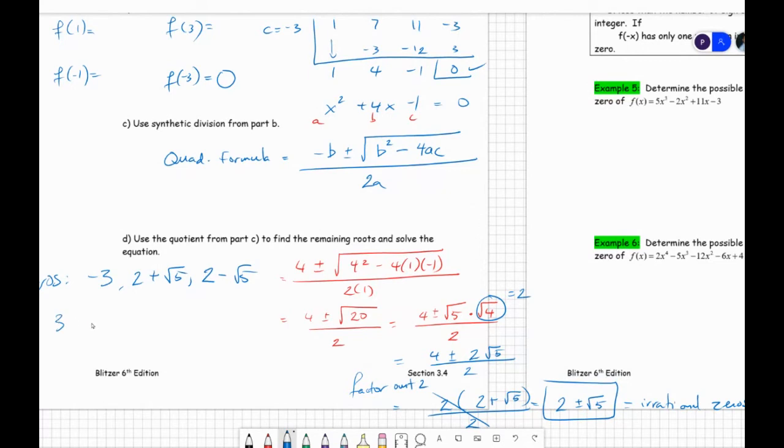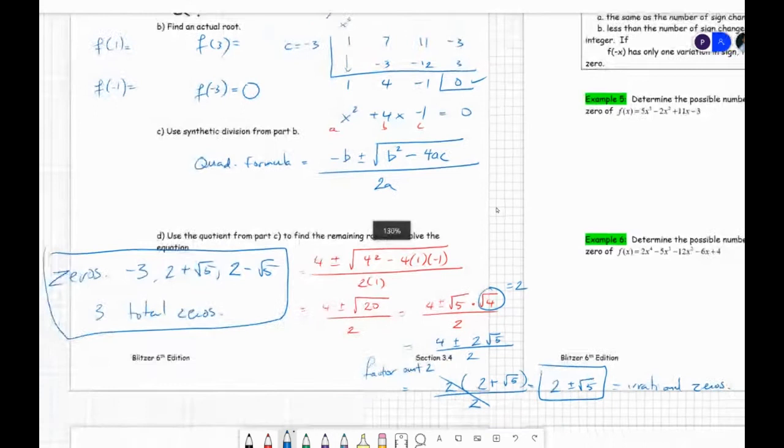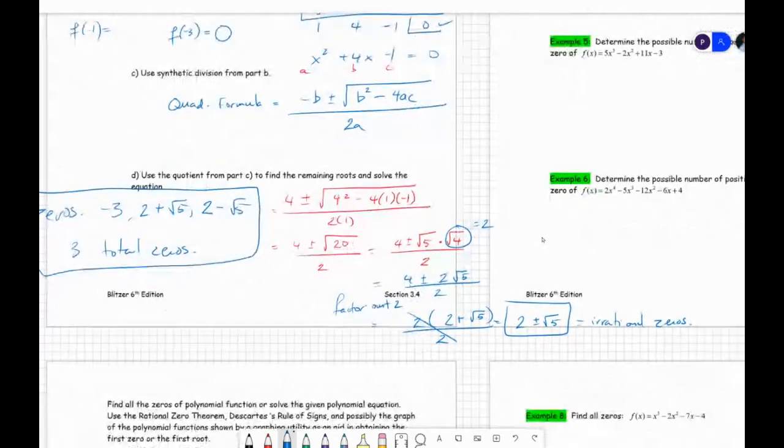So we have 3 total zeros. Now, sometimes we're going to get imaginary zeros as well. How do I know I'm going to have imaginary zeros? If you have a negative underneath the square root, like let's say I have a -20, that means this is an imaginary zero. So you can stop right there and just say imaginary zeros.